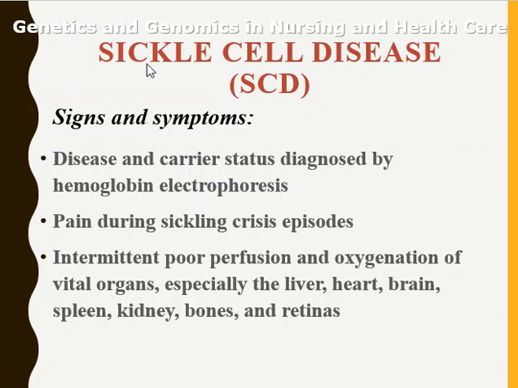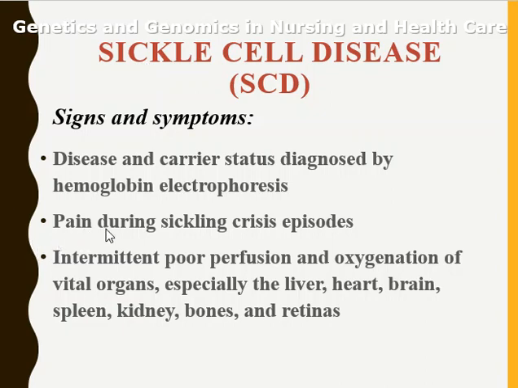Although they have less, those cells can still sickle, but the degree of tissue hypoxia required for that to happen is much greater than that needed for red blood cells with 90% or more hemoglobin S. So the carriers can still sickle, but it requires a much greater amount of hypoxia to do so.